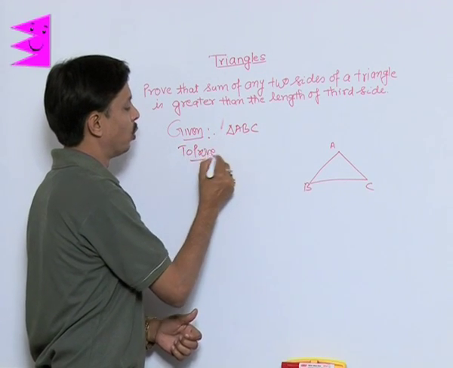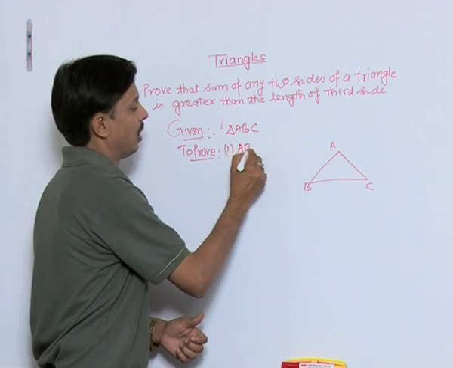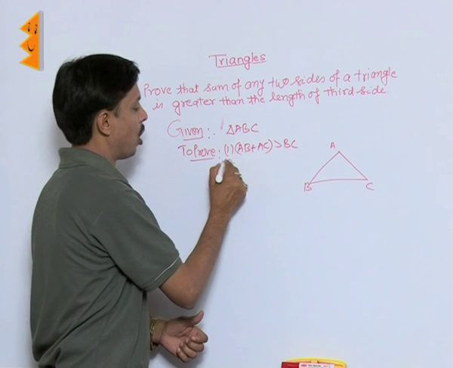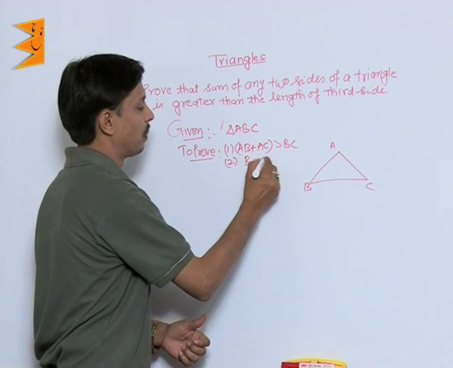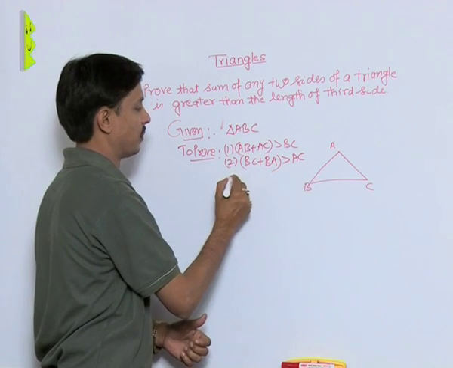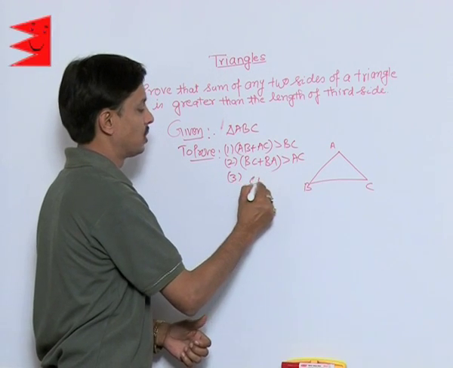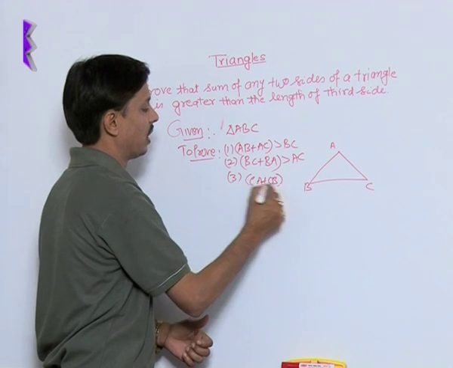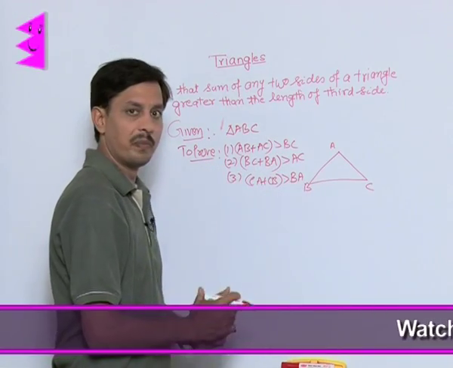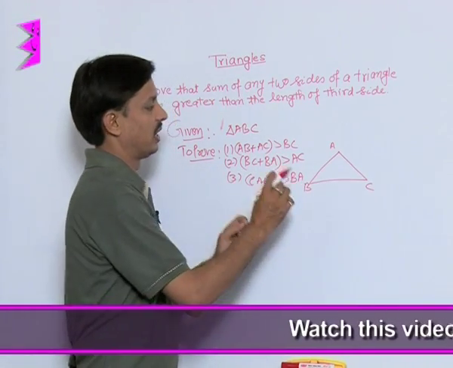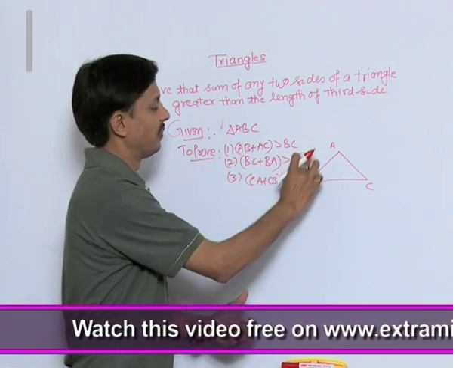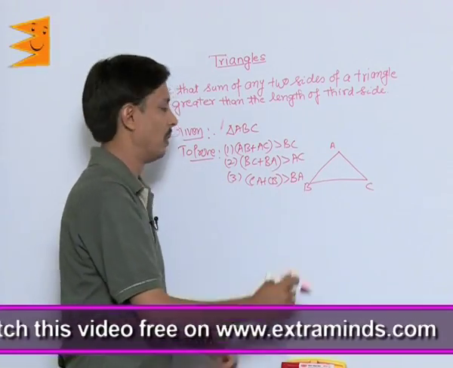We need to prove that either AB plus AC is greater than BC, or BC plus BA is greater than AC, or CA plus CB is greater than AB. If we can prove any one of the results, then we can say that the other two can be proved similarly.